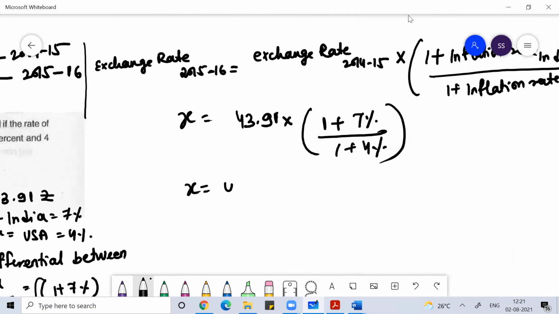So X is equal to 43.91 into 1.07 divided by 1.04.